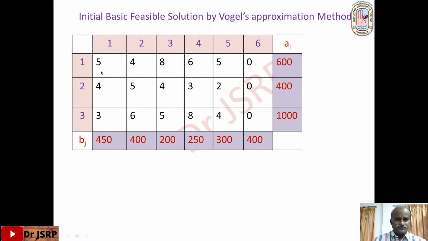Take this table, with the last dummy column whose transportation costs per unit are zeros. Here are the available amounts, and here the required amounts. Now, what is Vogel's approximation method? First we find penalties for rows as well as columns. Here write the row penalties and here the column penalties.